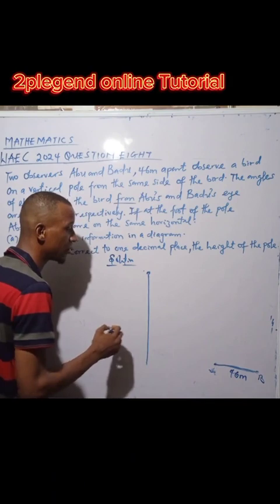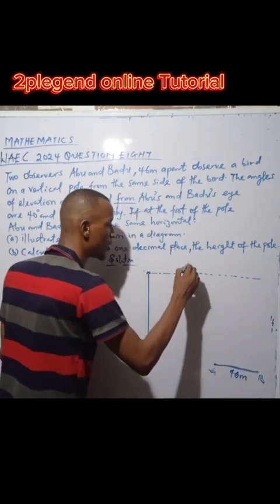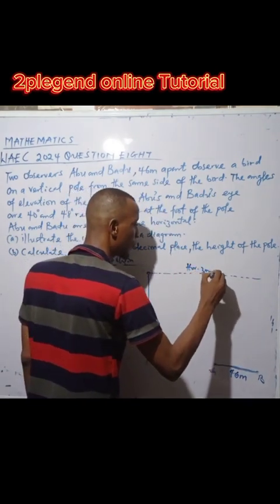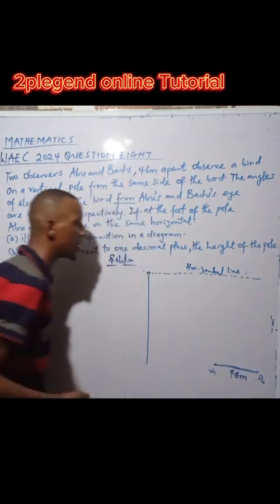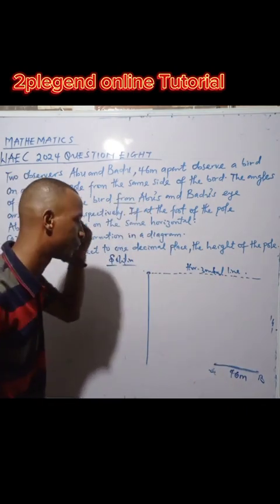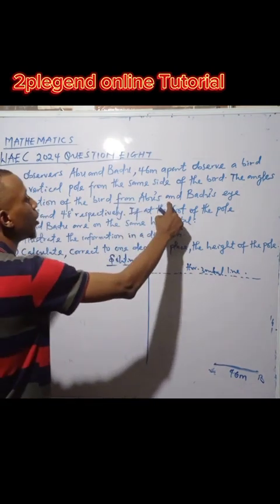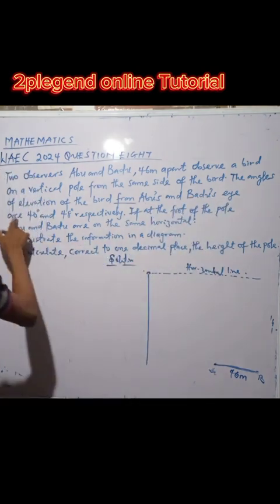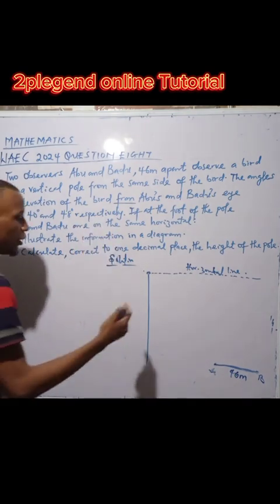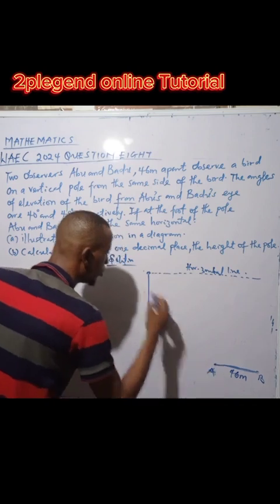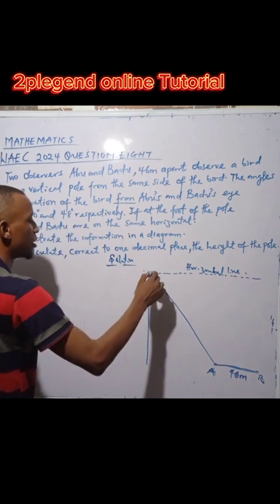Now we have the horizontal line. This is the horizontal line. Now we also have this place to be a horizontal line. Now look at something here. If Abu's and Badu's eye are 40 degrees and 48 degrees respectively, you came here to draw the line of sight to connect to Abu, and you did the same thing for Badu.